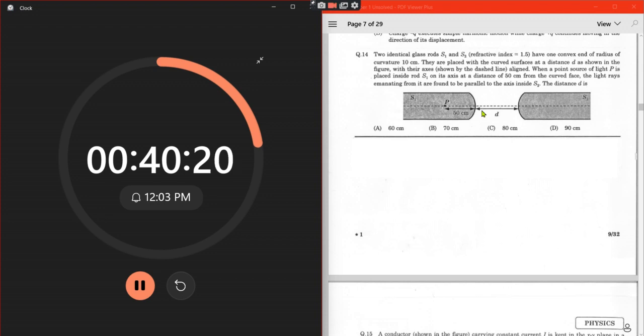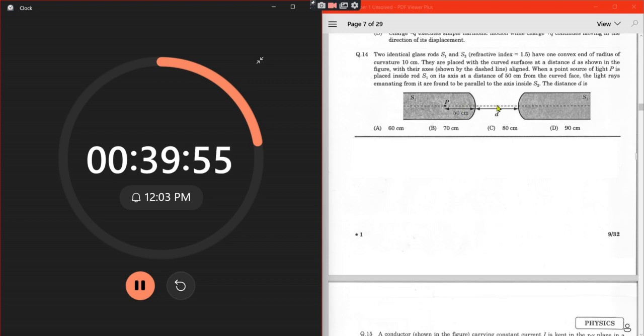So 1 upon v is equal to negative 5 upon 100 and then negative 3 upon 100 is negative 8 upon 100 which is negative 2 upon 25, so v is just negative 25 upon 2. This is weird, why did this happen? I don't know, but whatever, it seems right.